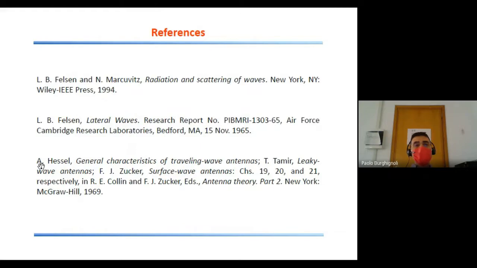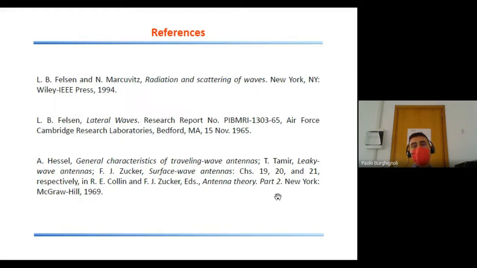I also give you a very good general reference on leaky waves and surface wave antennas, taken from the book edited by Collin and Zucker, Antenna Theory. That's an old but very good book on antennas. It was published in 1969, and every chapter has a different author.